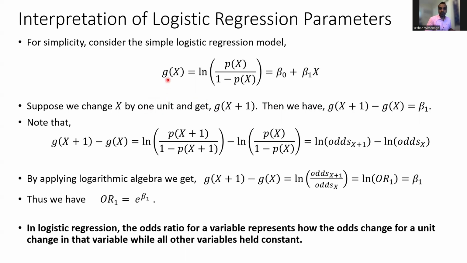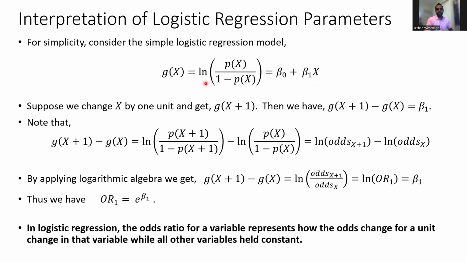This is very similar to the simple linear regression model. The only difference is, here you can see we have only one independent variable, and our response variable is now the log odds. So we'll see.